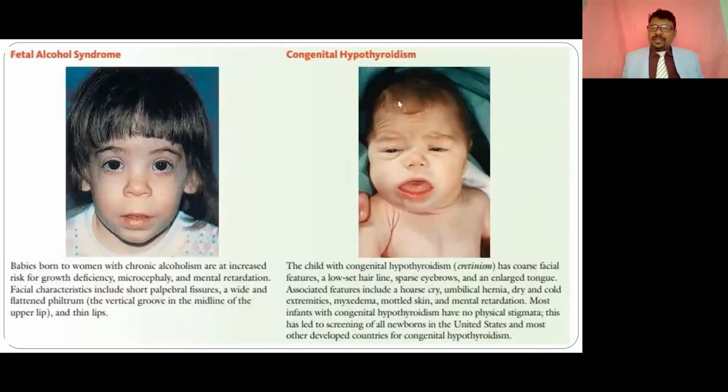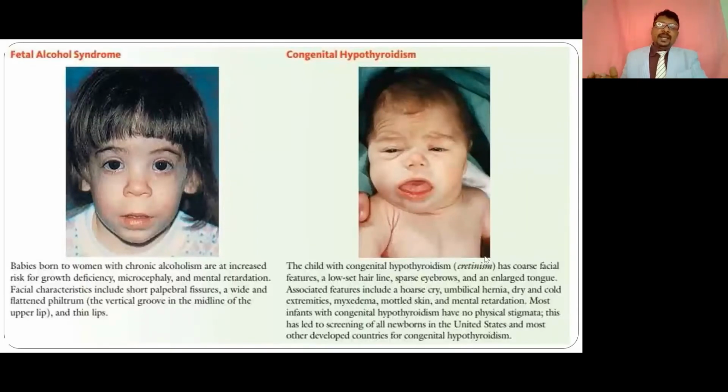You can see here, the face features are automatically pale, and the appearance will be very small compared to normal people. The head size and forehead size are going to be altered. Most infants with congenital hypothyroidism have no physical stigmata. This has led to screening of all newborns in the United States and most other developed countries for congenital hypothyroidism.